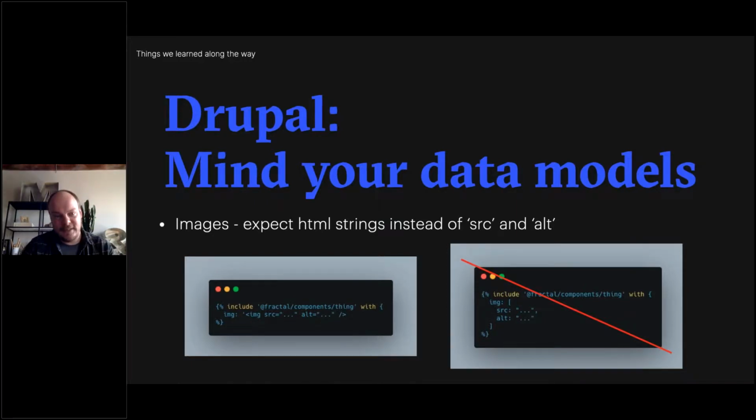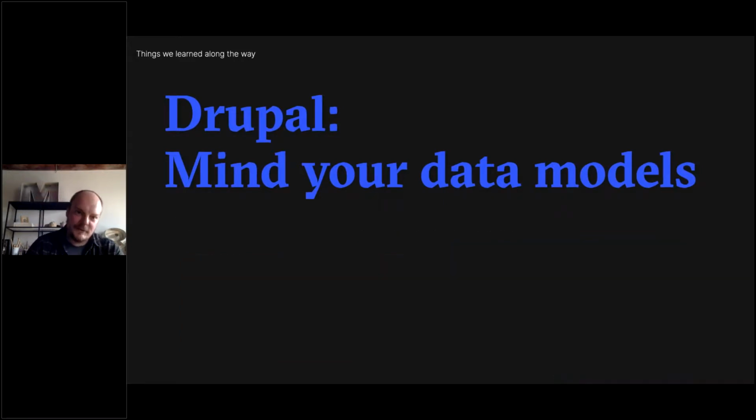So in Drupal in particular, we found that it's better if you expect images to be a string instead of wanting an object with source and alt and setting up a fancy thing. It's better to just say, Drupal, give me the image string with the source and the alt, because maybe you're rendering responsive images. So most of the time when you're setting up your data models, expect strings for images.